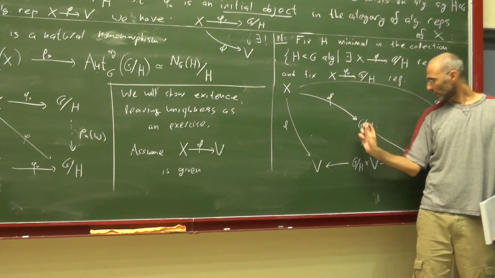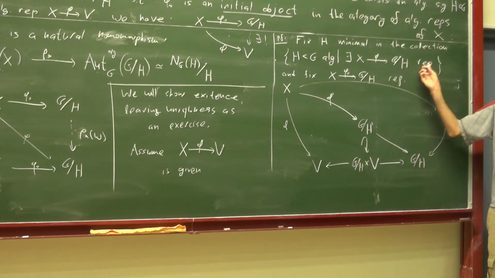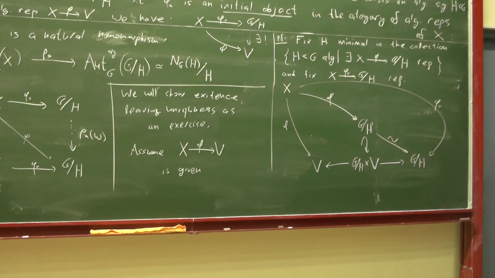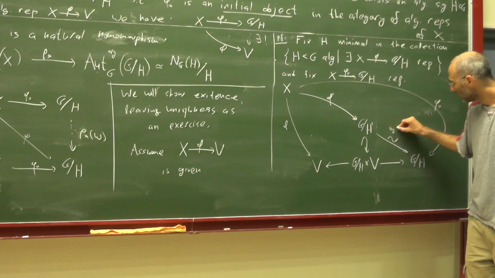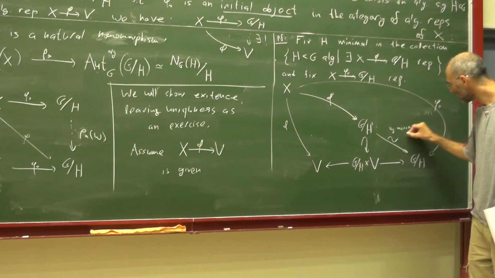But after conjugation, H prime is inside H, right? It's smaller, but not strictly smaller, because of the minimality of H. This actually must be an isomorphism. So this is by minimality of H.